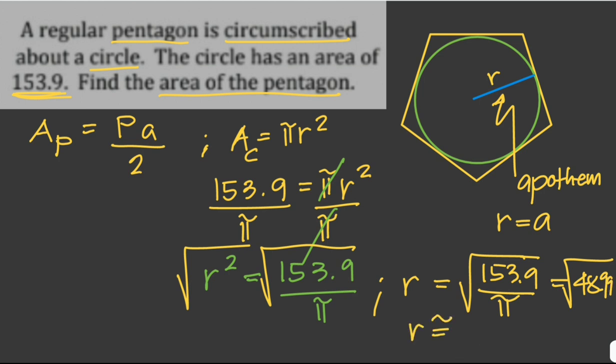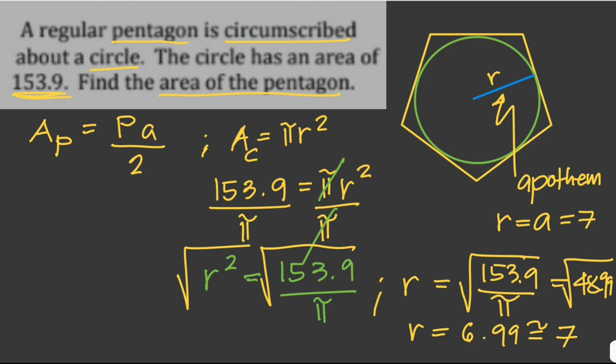Therefore, r is approximately equal to 6.99, which we can round off to approximately 7. So that is the radius of the circle, which is also equivalent to the apothem of the pentagon.